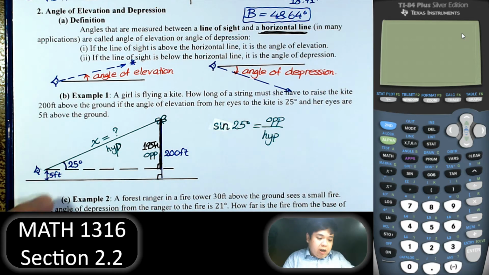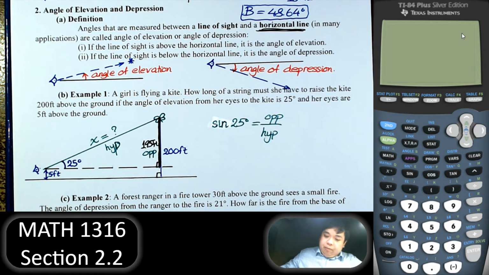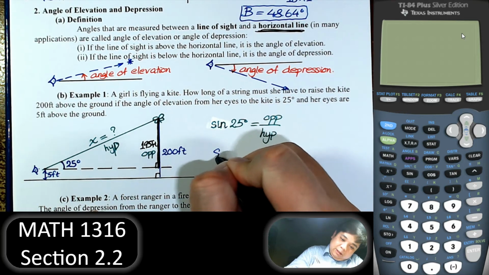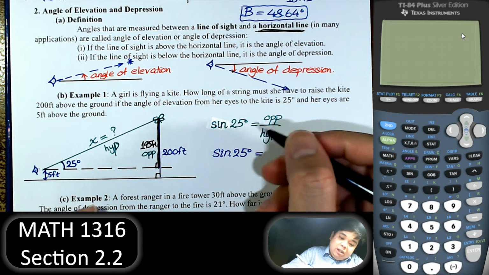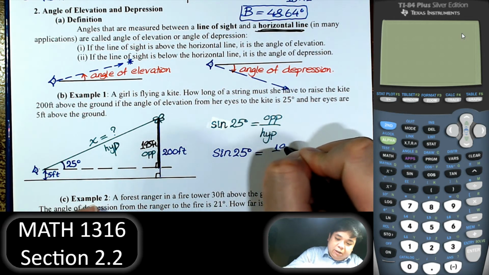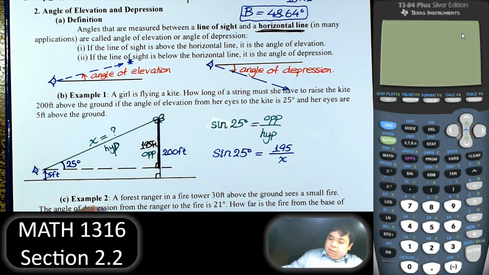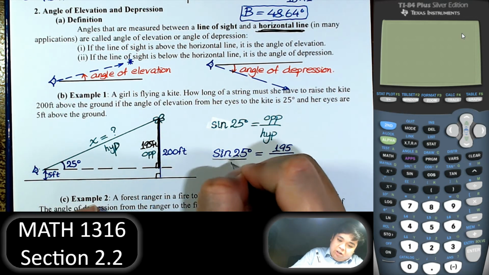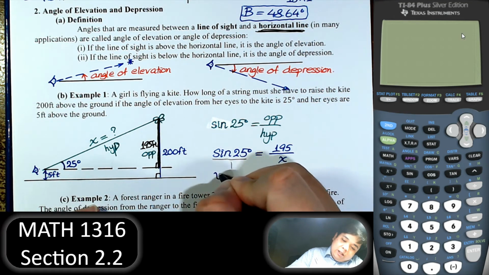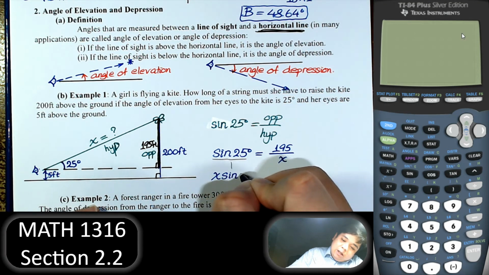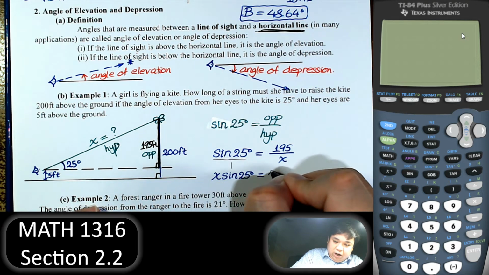So sine of 25 degrees equals opposite over hypotenuse. Opposite 195, hypotenuse x. Again, write a fraction, cross multiply. So x times sine of 25 degrees is equal to 195.